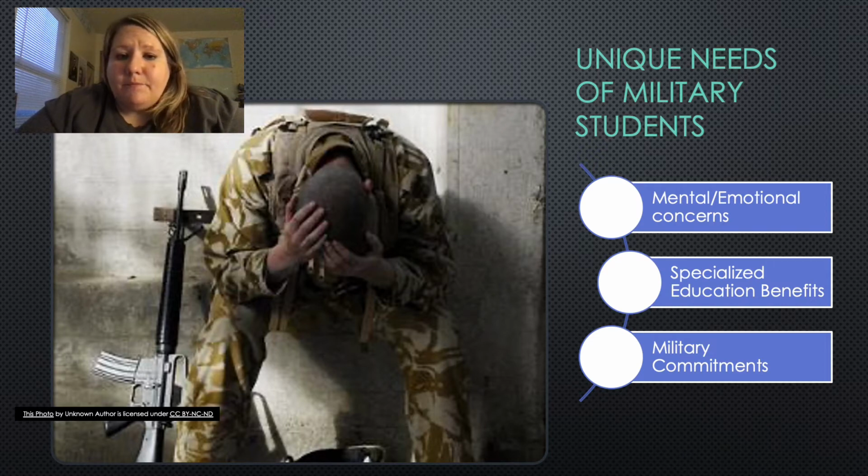So we also need to take into consideration their military commitments. And that's going to really require the cooperation of the entire institution, faculty and staff alike. It's really important that the administration and leadership at the institution develop policies that are friendly towards these military commitments, because when a student is called up and they have no control over what the military is requiring them to do, they need the college or university to come around them and say, hey, we can help you get through this.